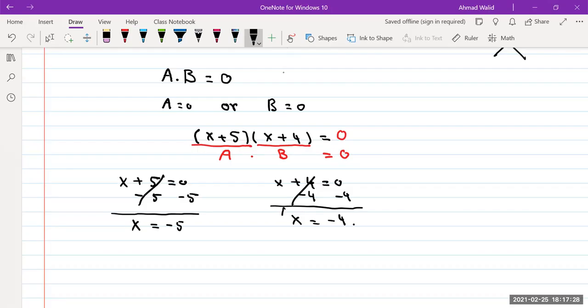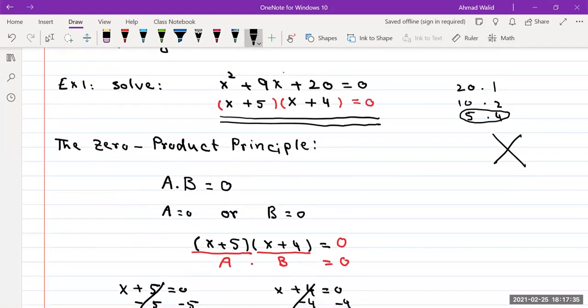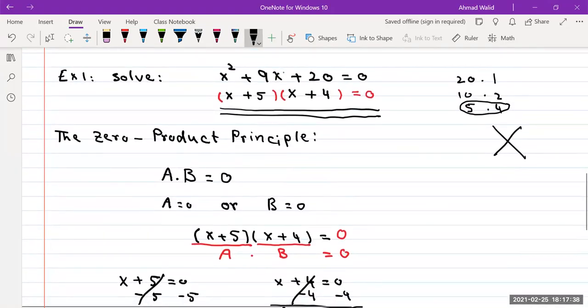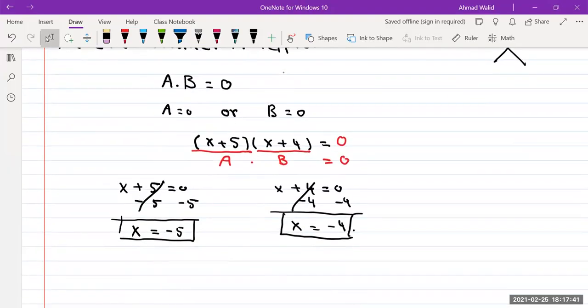And you see, you end up with two answers. These are the solutions of the equation. What was our original equation? x squared plus 9x plus 20 equals 0. It means if you replace your x with negative 5, or with negative 4, both sides of the equation become equal to each other. Right? And we call these two numbers the solutions of the given quadratic equation.